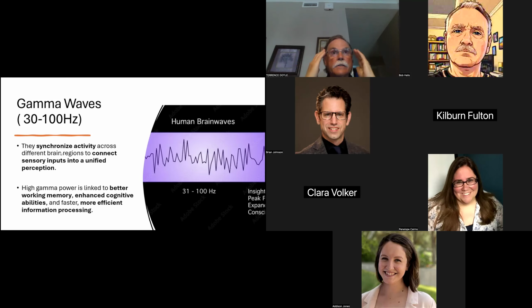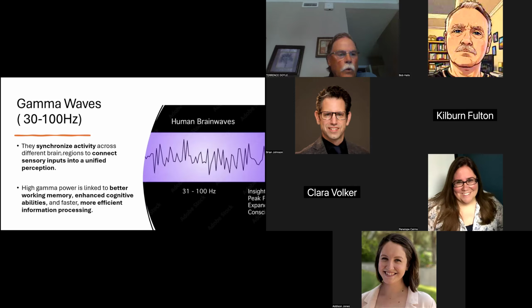What does that mean? It means that when students are taking in auditory, visual, and tactile information as they work in groups or in class, gamma waves are responsible for integrating those three sensory inputs into a unified perception so the students can understand what they're being asked to learn.